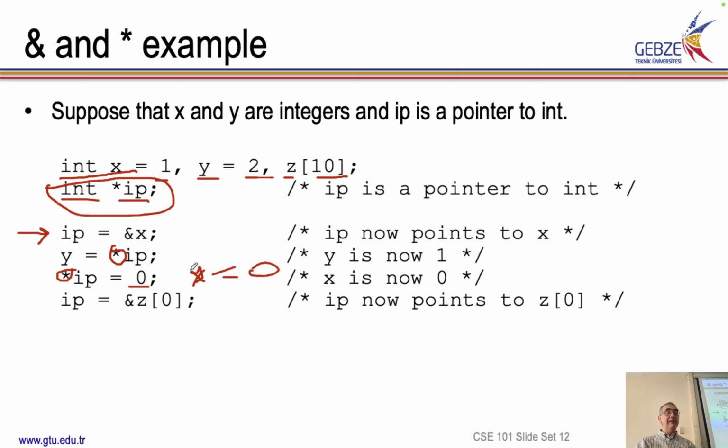It means x is equal to 0. And IP is equal to address of Z0. This is important. So we have an array.